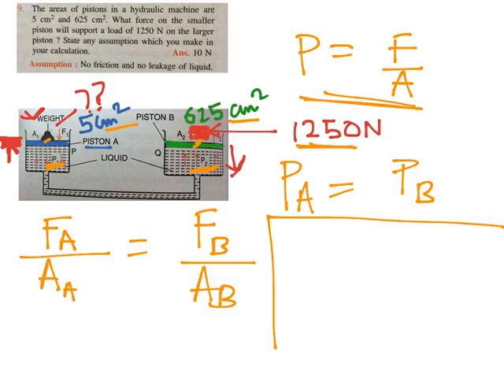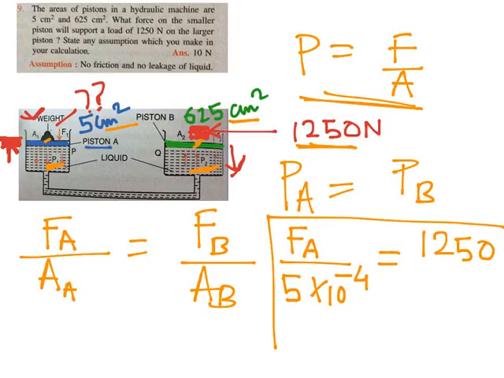We don't know the balancing weight on A, so call it FA. The area of piston A is 5 into 10 to the power minus 4 meter square, which is equal to 1250 Newton by 625 into 10 to the power minus 4.